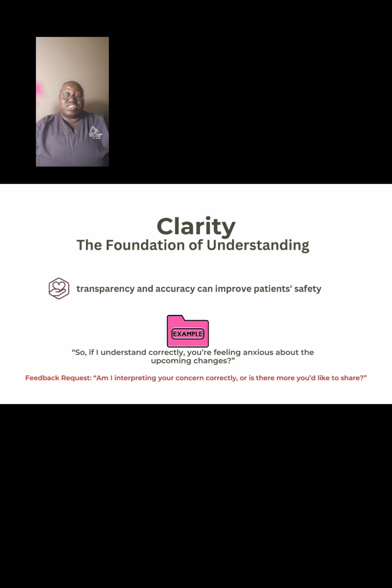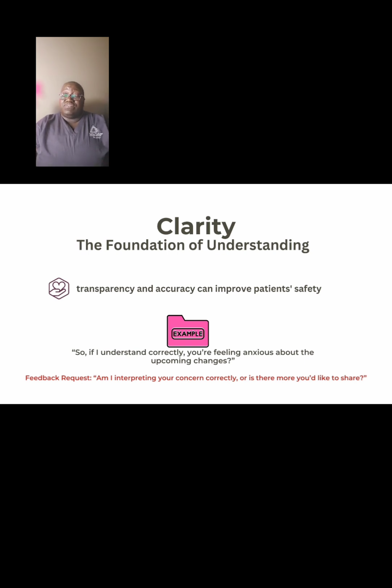So whether the patient has a procedure coming up, an appointment, or making a difficult decision about their health, you want to make sure that you're listening. And active and therapeutic and something that's very effective would be this sort of response. So if I understand correctly, you're feeling anxious about your upcoming appointments.